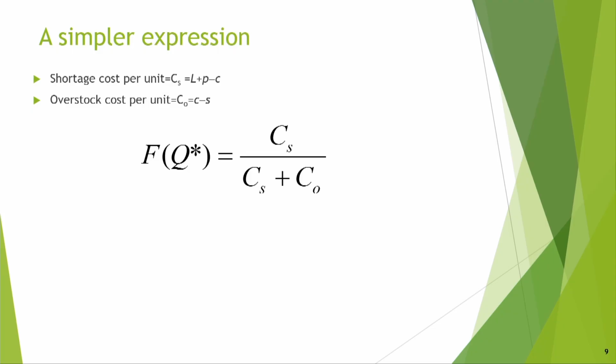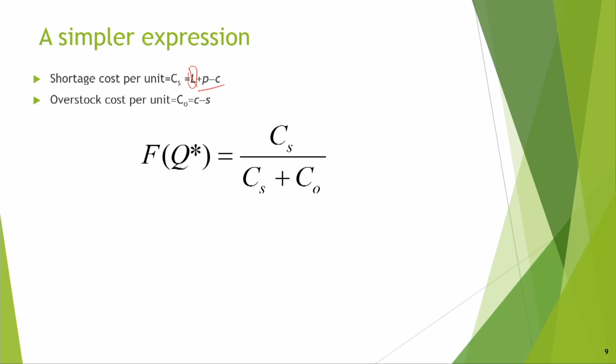We can in fact say the shortage cost per unit Cs can be said as L plus p minus c, because it is due to penalty. That means, you get the penalty of not giving, L, and also p minus c, because p minus c is the profit you would have got. So, this total together gives the shortage cost per unit.